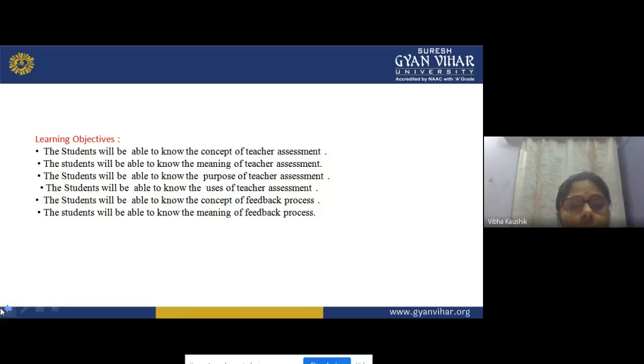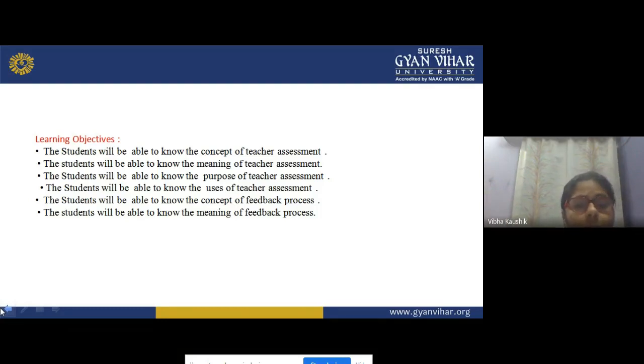The student will be able to know the purpose of teacher assessment. What is the purpose? The purpose of teacher assessment is to improve the professional development of the teacher. Means for the professional development of the teacher, assessment is needed.